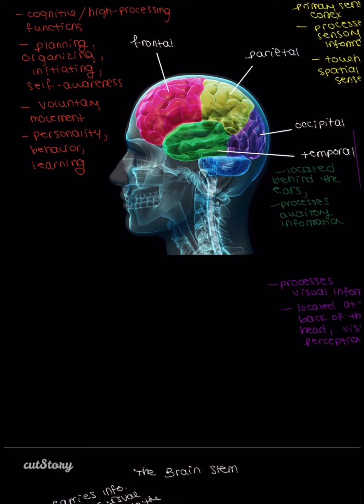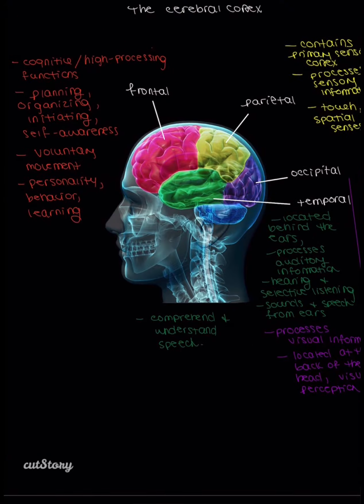So it receives sensory information from sounds and speech from the ears, and then our temporal lobe tries to understand the speech, which allows us to comprehend what we hear. So that's our cerebral cortex and the 4 lobes and their functions.